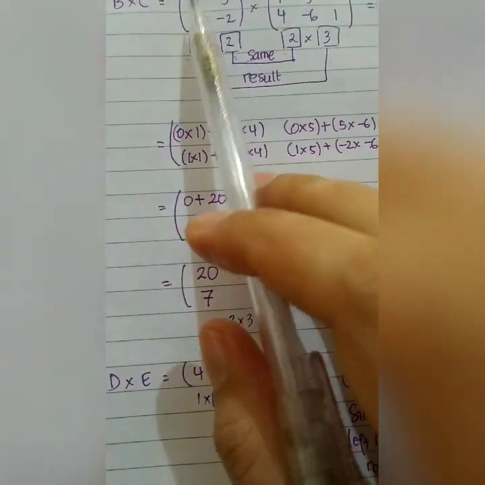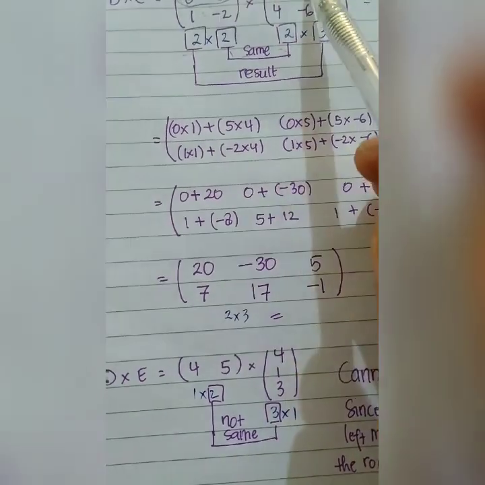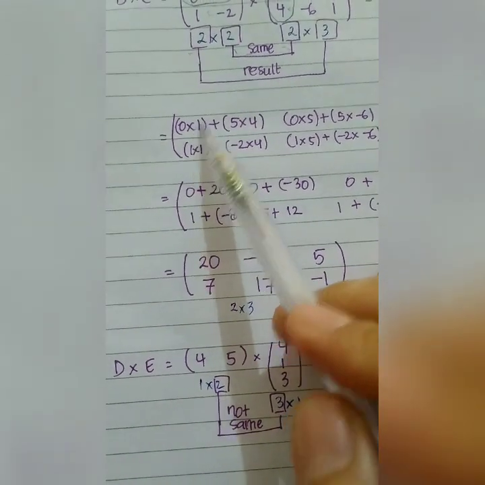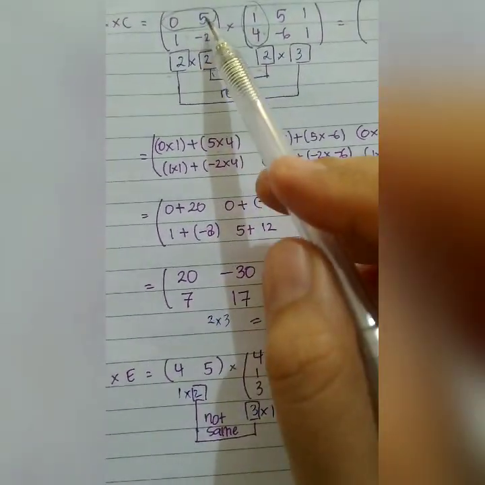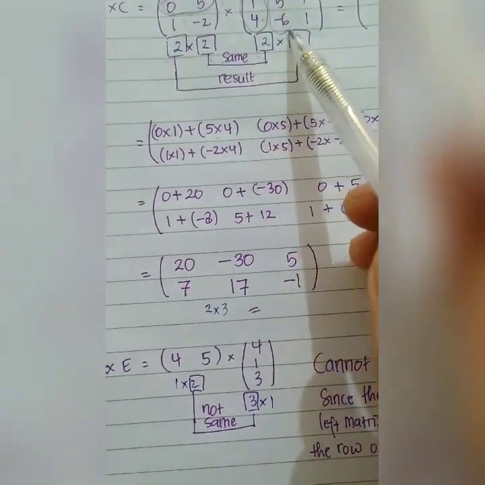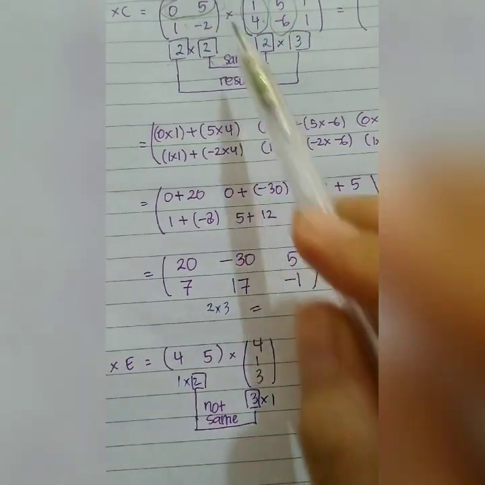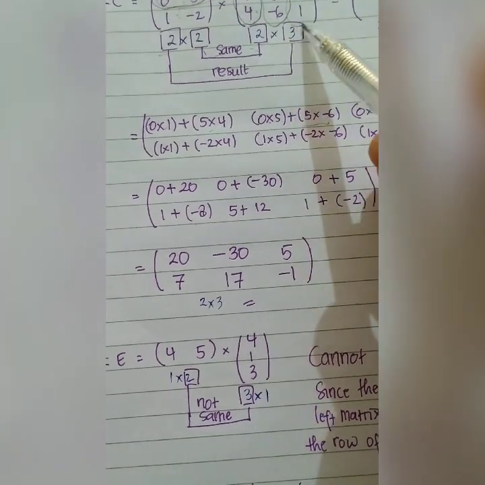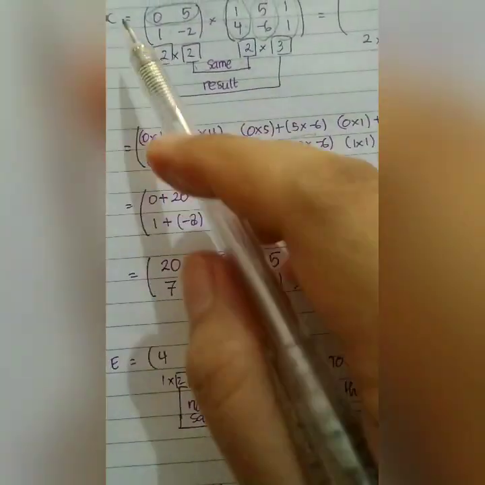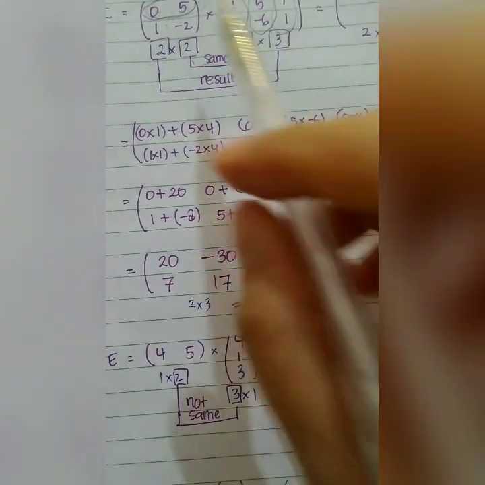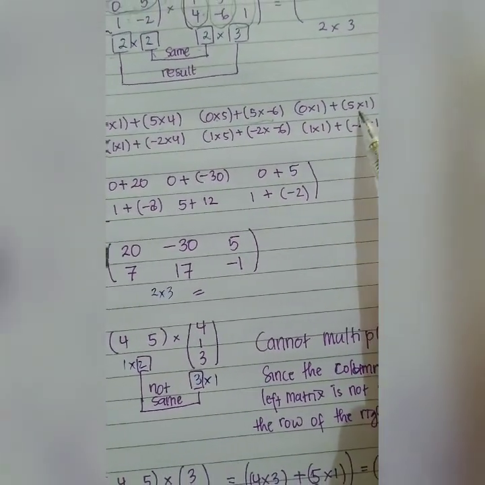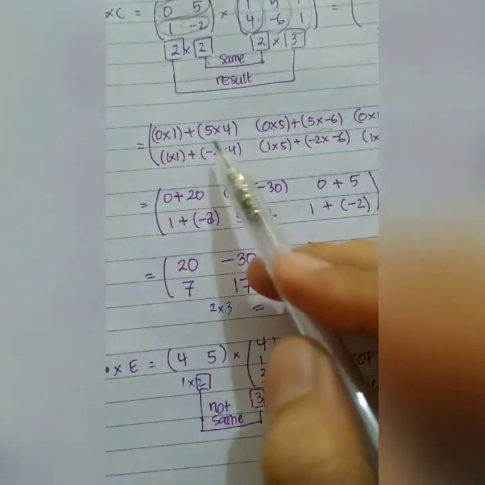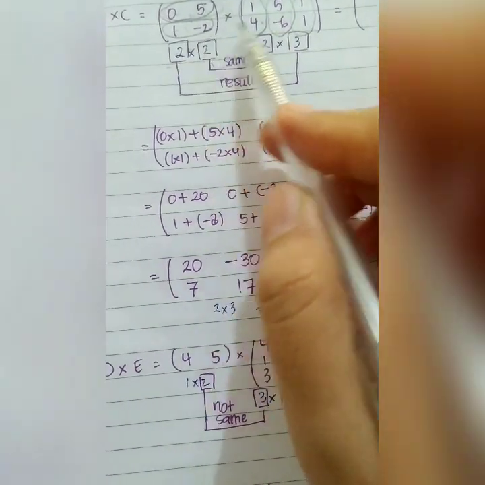Now let's calculate it. Remember, first row to first column: 0 times 1, and 5 times 4. Then the first row to the second column: 0 times 5, and 5 times negative 6. Then the first row to the last column: 0 times 1, 5 times 1. Next, the second row to the first column: 1 times 1, negative 2 times 4.